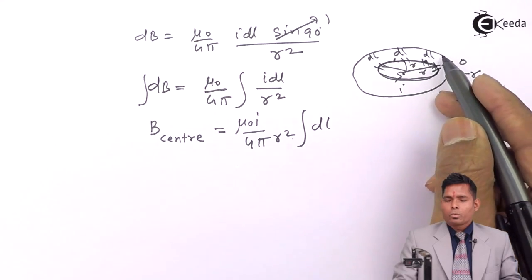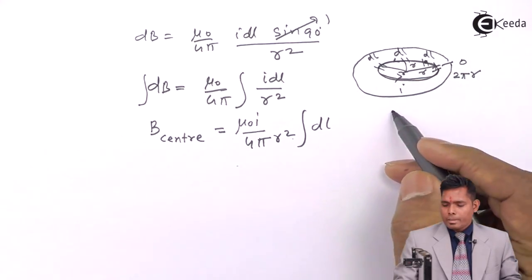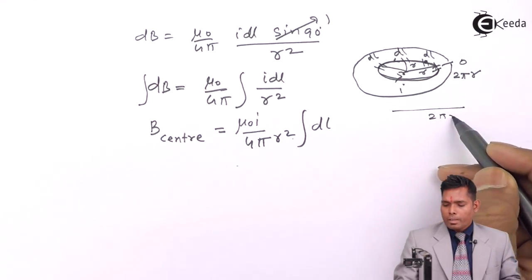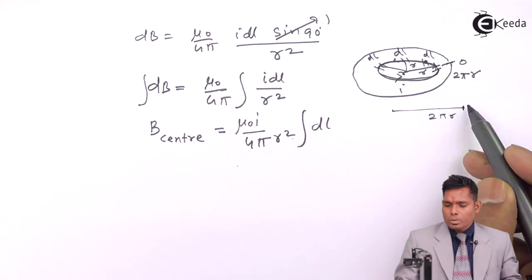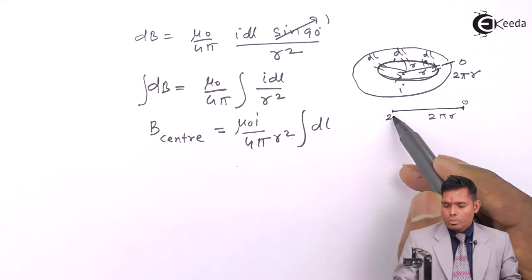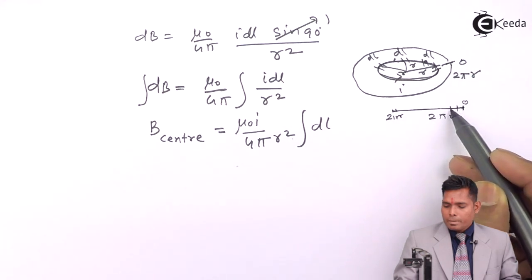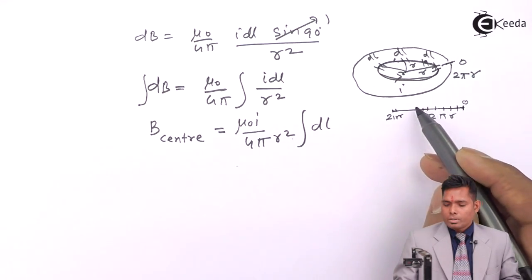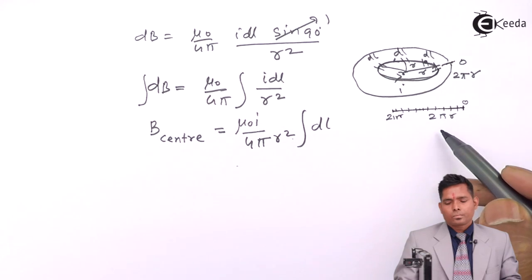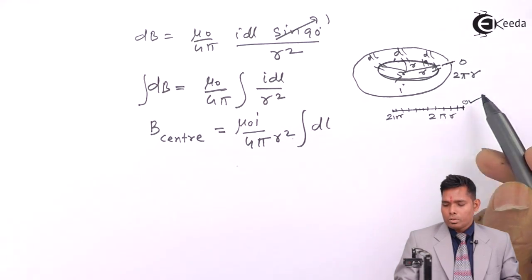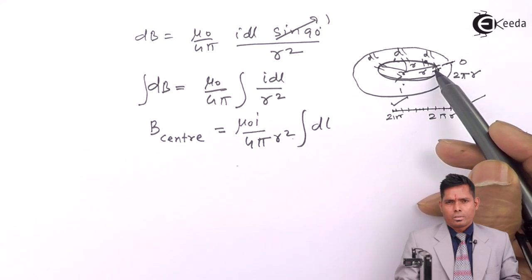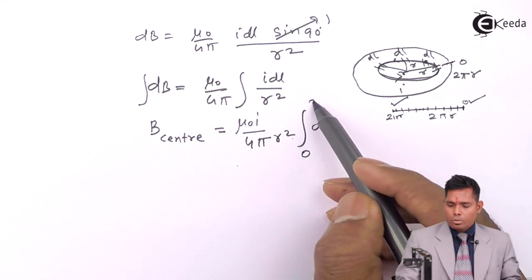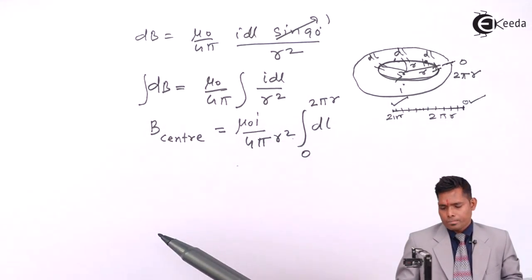Why 0 to 2 pi r? If you take a coil, cut it and make it straight, then this length will be 2 pi r. This point is 0, and it spreads up to 2 pi r. So my integration will be from 0 to 2 pi r, because within this only I will have my elements.